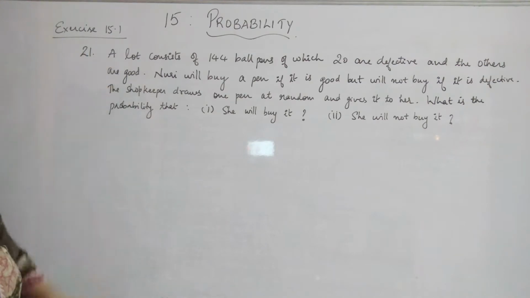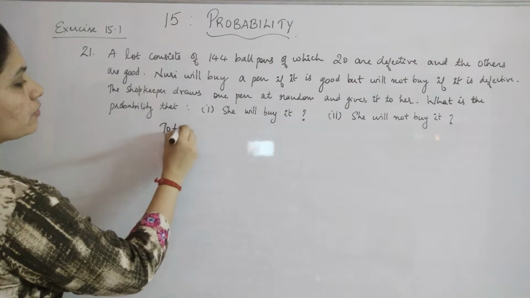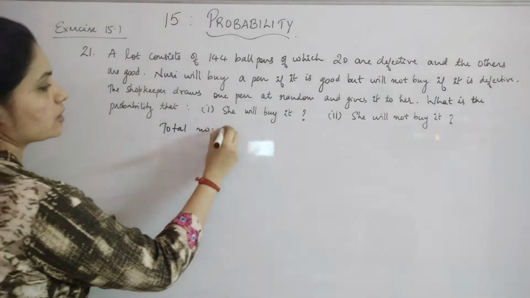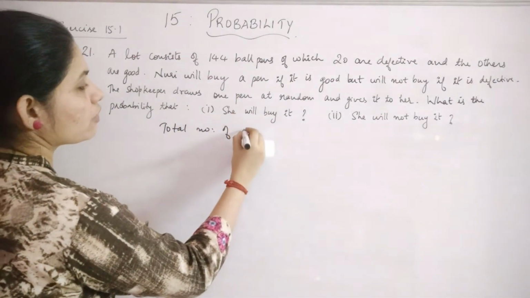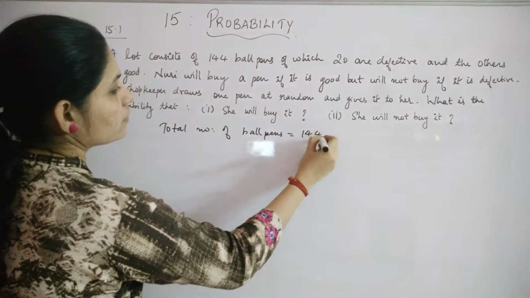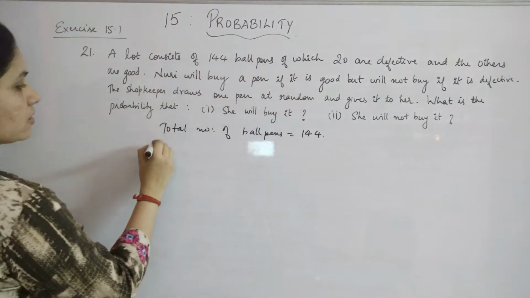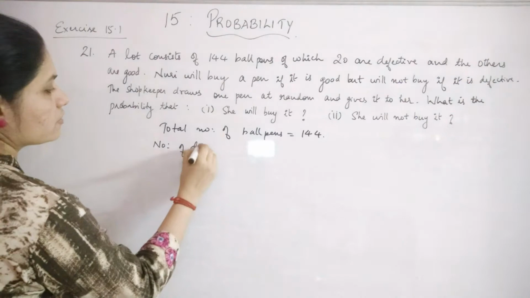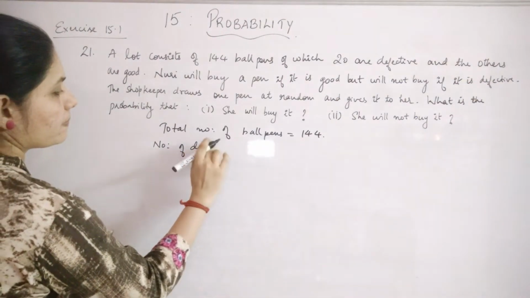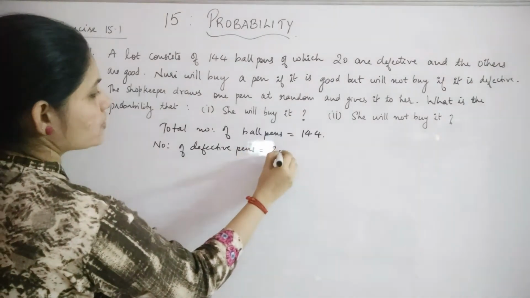So what we need to do is, the total number of outcomes, possible outcomes, or you can say total number of ball pens, is equal to 144 and 20 are defective, and given as number of defective pens is equal to 20.